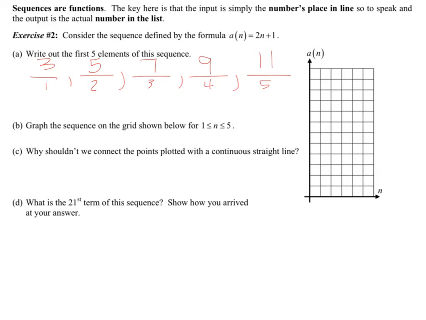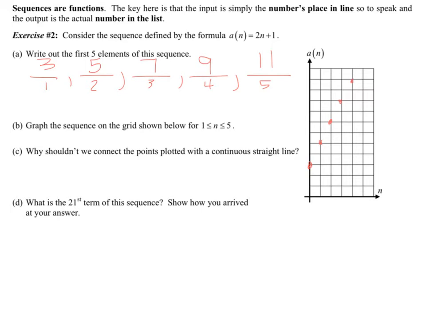So we're going to graph the sequence on the grid shown. So when x is 1, y is 3. When x is 2, or n is 2, y is 5, and so on. So you'll notice that I plotted all of the points, but I didn't connect the dots.